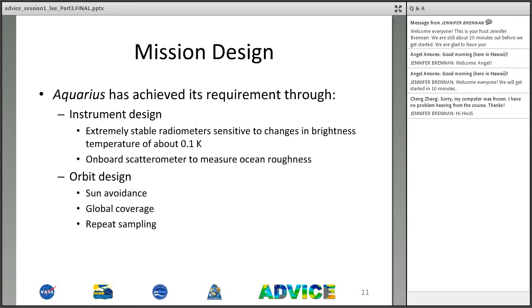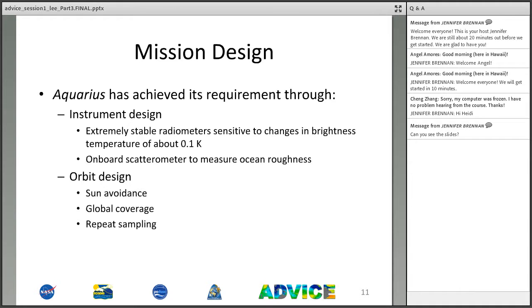In fact, the Aquarius radiometer has a precision of 0.1 Kelvin, which is the most precise L-band radiometer ever built. And as a rule of thumb, the translation of the precision of brightness temperature into salinity accuracy is roughly a factor of 2. So 0.1 Kelvin roughly translates to about 0.2 PSU of accuracy in salinity measurements.